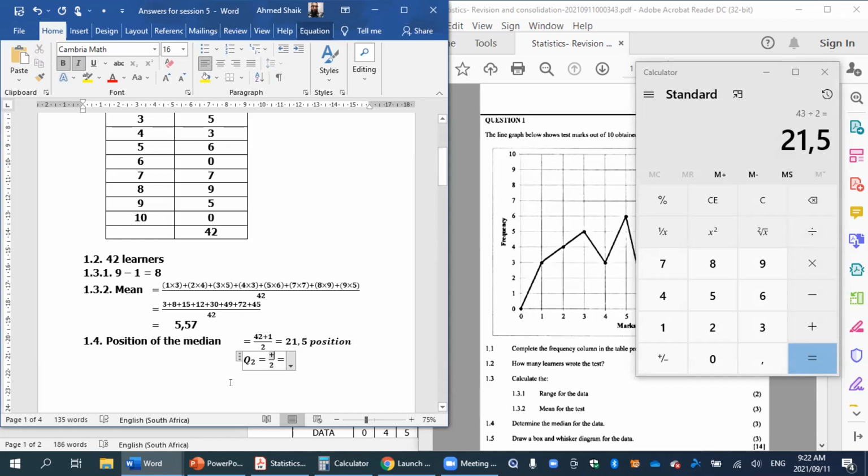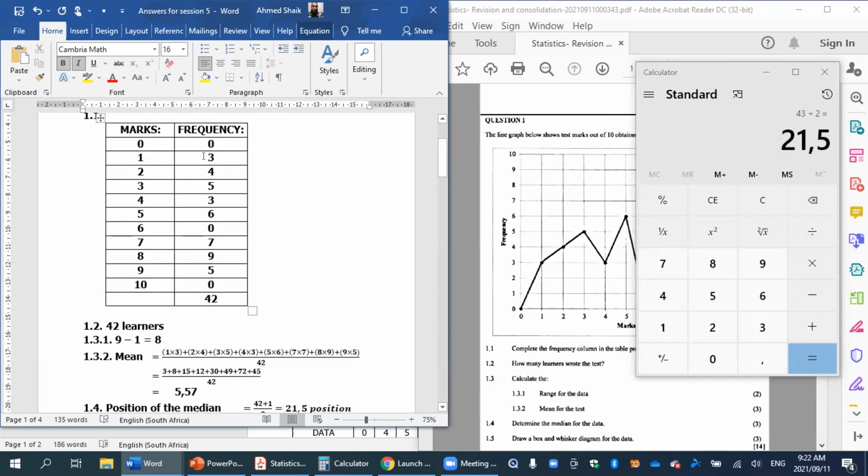And in order to establish that, we need to find position 21 and position 22. Remember, if it's 21.5, we need to add position 21 and 22 and divide it by 2 in order to establish our median.